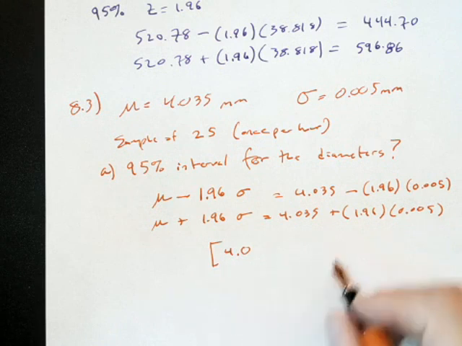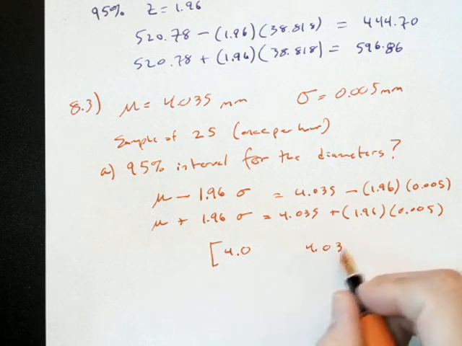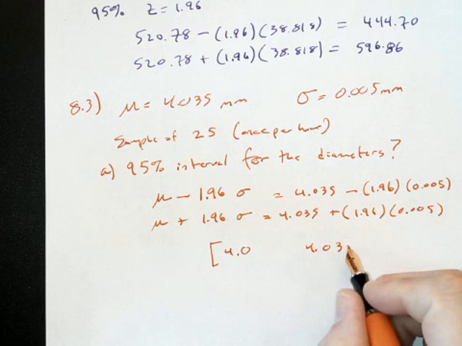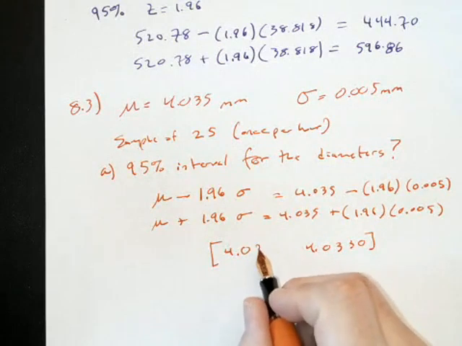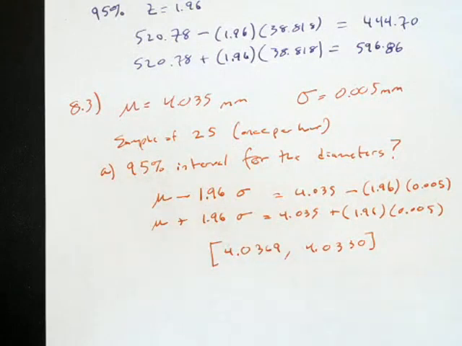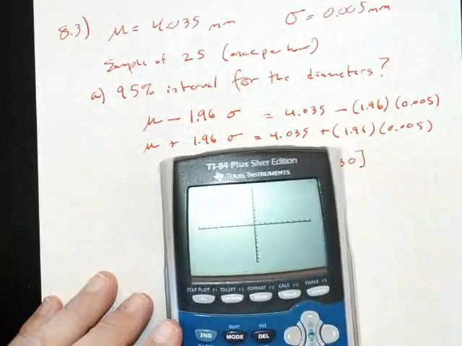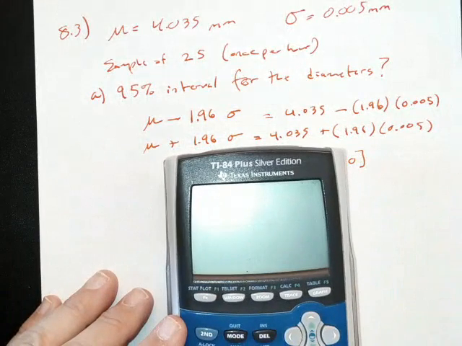For the top line, it's 4.0330. It's 4.036. I don't get either of those numbers for these calculations. At least that's not what I have written down in front of me here. 4.035 minus 1.96 times 0.005.